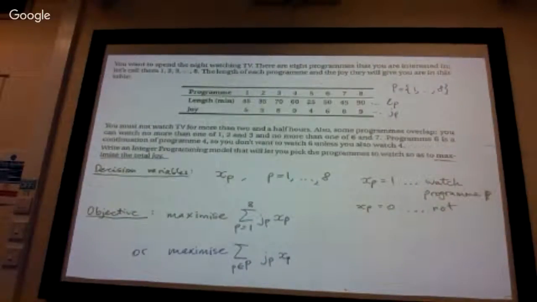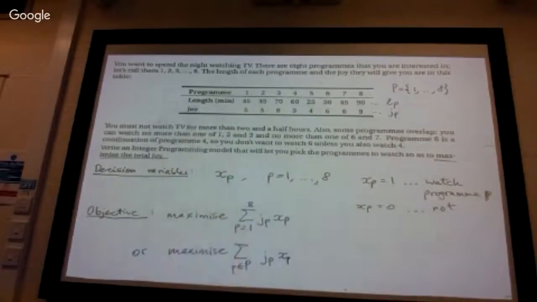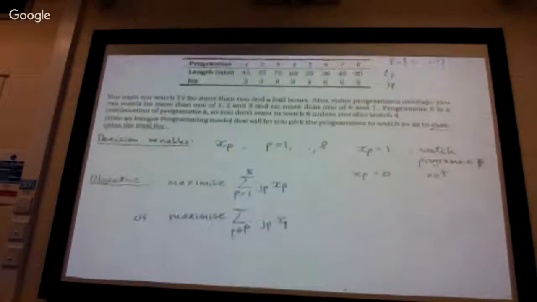You can do it for completeness' sake, but we don't necessarily have to. But if it doesn't, like in this example, it doesn't say what JP would be, then you should say what you mean by JP somewhere. Like a remark, JP is the joy of program P. Because otherwise it's not defined, it just comes out of the air.